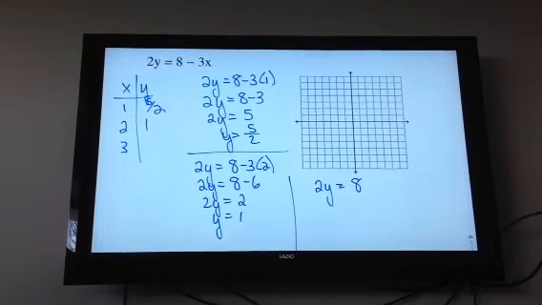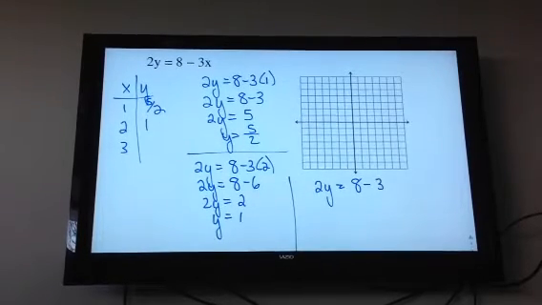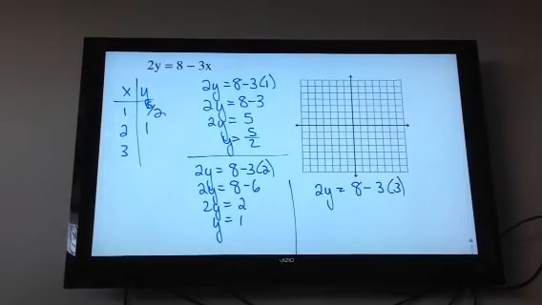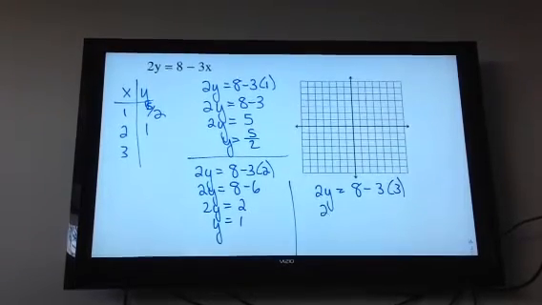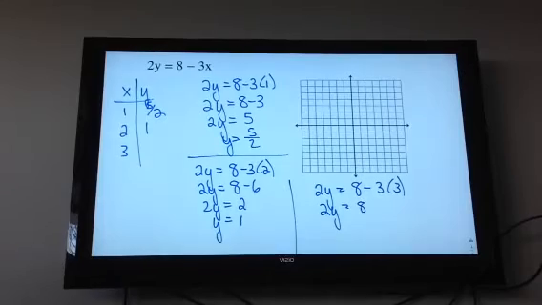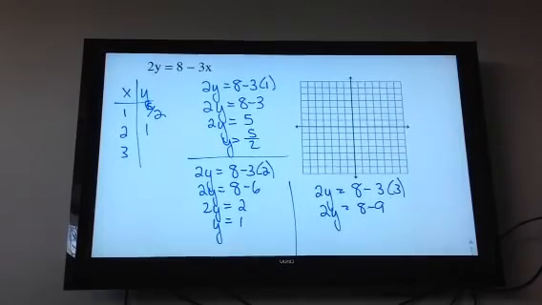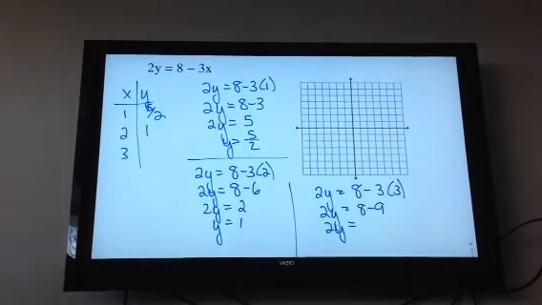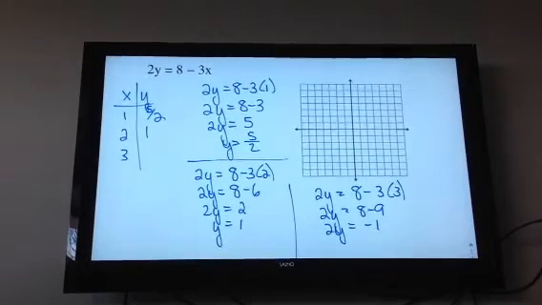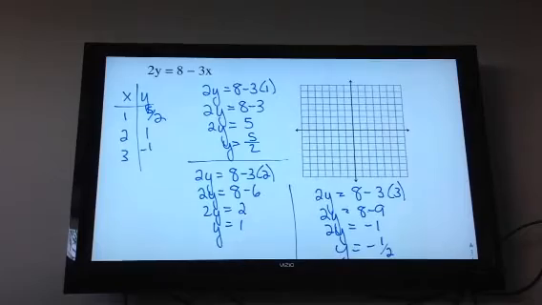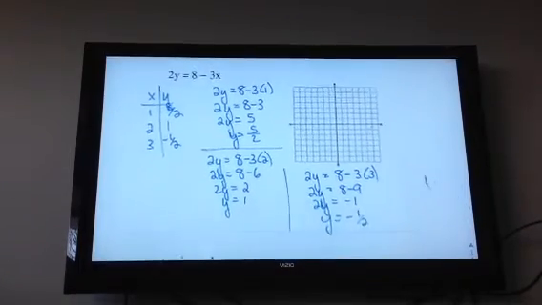Now 2y equals 8 minus 3 times 3, plugging in my 3 for x. 2y equals 8 minus 9. 2y is negative 1. And divide, and I get negative half. Let's shrink that a little bit more.